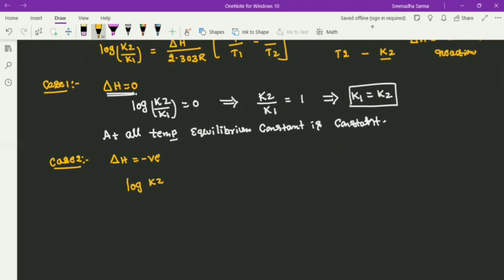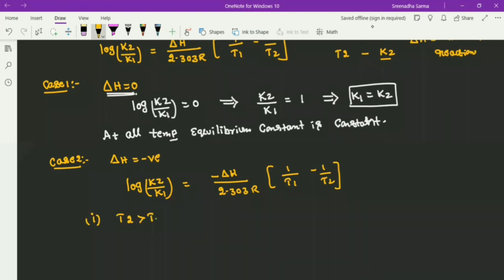Log K2 by K1 is equal to minus delta H by 2.303 R into (1 by T1 minus 1 by T2). In this case, T2 is greater than T1, so the temperature increases.